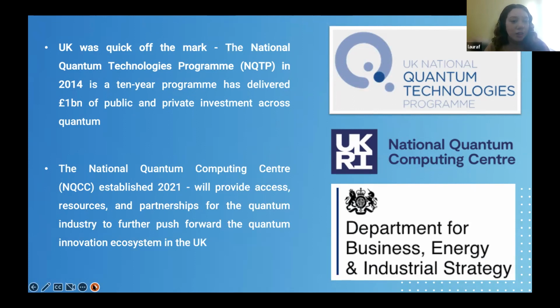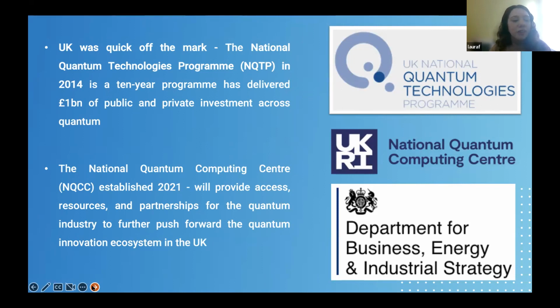The reason that UK government really does focus on quantum is because we were actually quite quick off the mark. We had the National Quantum Technologies Programme launch all the way back in 2014, and this 10-year programme, which is starting to come to the end of this iteration. We'll get on to what is happening next in a little bit, but that 10-year programme has already delivered 1 billion of public and private investment across the UK for quantum technologies.